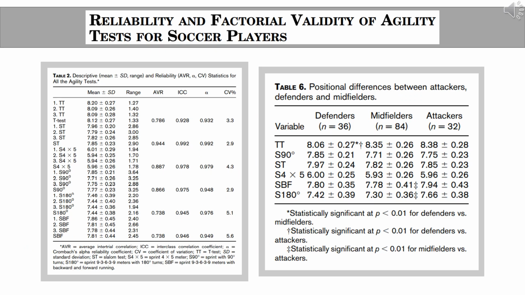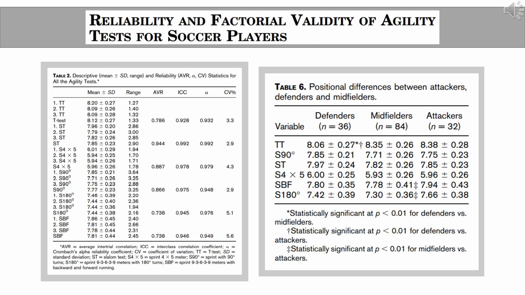So now let's start considering some of the reliability elements of these different change of direction speed tests. And you can see here in this first table on the left, we've got a number of different change of direction speed tests being looked at. The key is at the bottom of the table here. So you can see the first one is the T test.